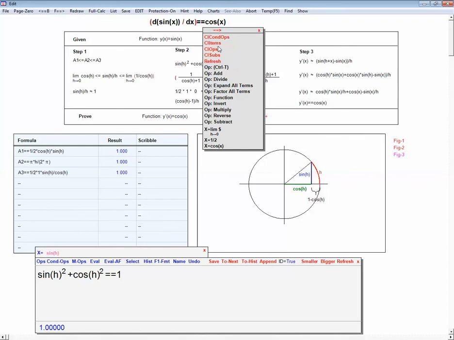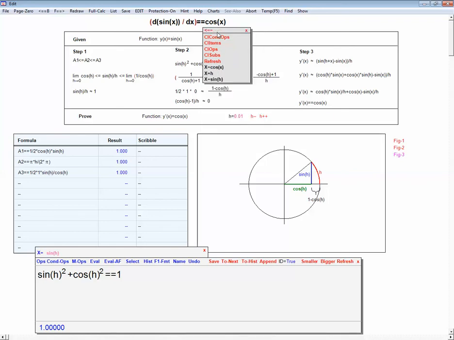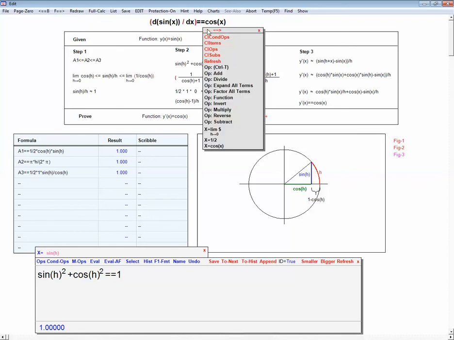And that should be one of our choices here. Let's see. I don't see it. Well, anyway, let's put it in our slot by hand. So we're going to put the cosine of h in there, and then we're going to subtract it from both sides.